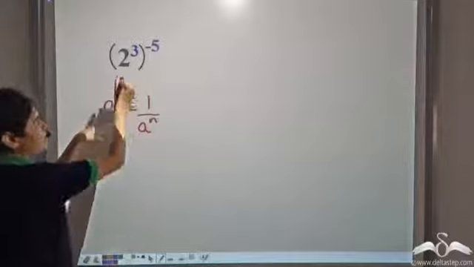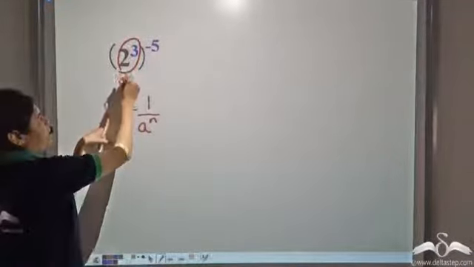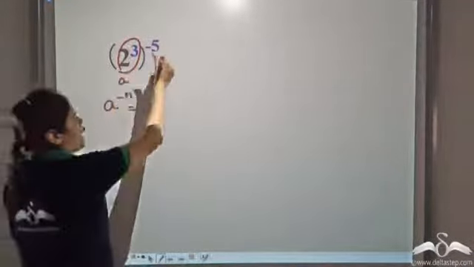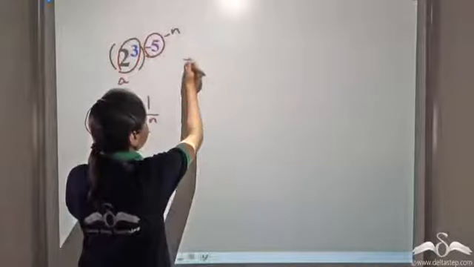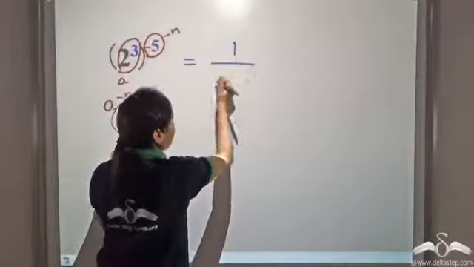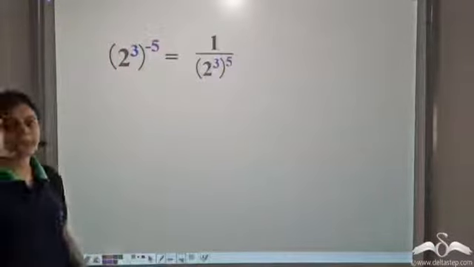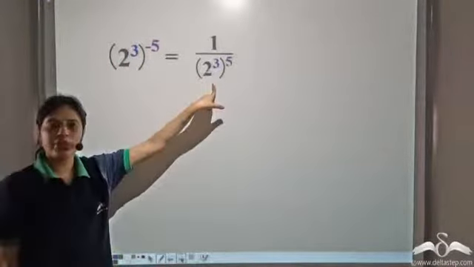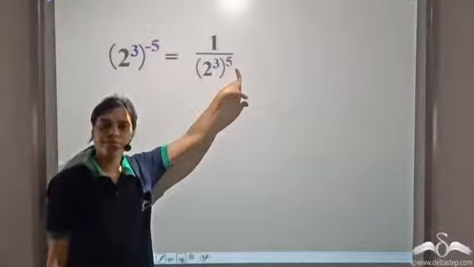In this case, we can consider 2 to the power 3 as a and negative 5 as negative n. Considering this, we can write it as 1 divided by 2 to the power 3 whole to the power 5. We can write it in this manner. This goes to the denominator and negative 5 becomes positive 5.